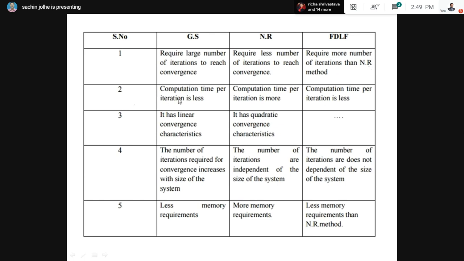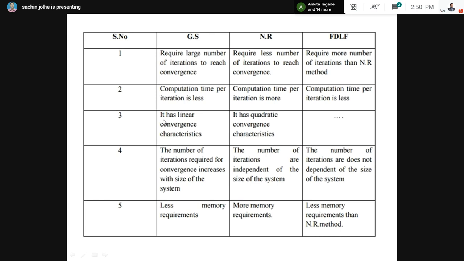But advantages are also there, and some disadvantages of these systems are also given. Computational time per iteration is less in Gauss-Seidel, computational time per iteration is more in Newton-Raphson, and in the fast decoupled method the computational time per iteration is less.